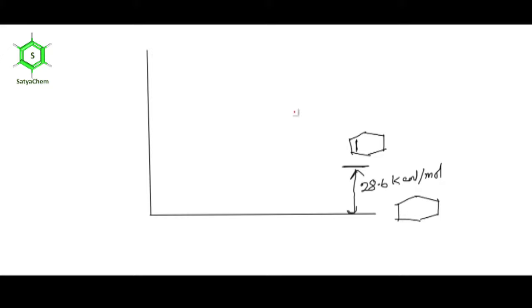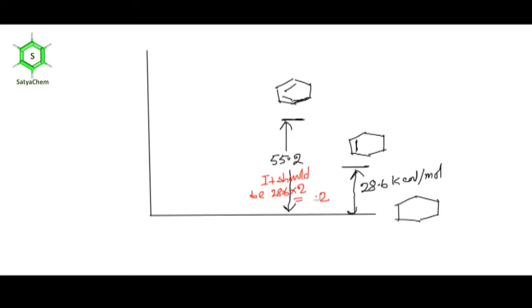It should be twice that of cyclohexene, but it is not. Here the heat of hydrogenation for 1,3-cyclohexadiene is 55.2, which is less than twice 28.6, that is 57.2 kilocalorie per mole. So the actual heat of hydrogenation of 1,3-cyclohexadiene is less than twice the heat of hydrogenation of cyclohexene.